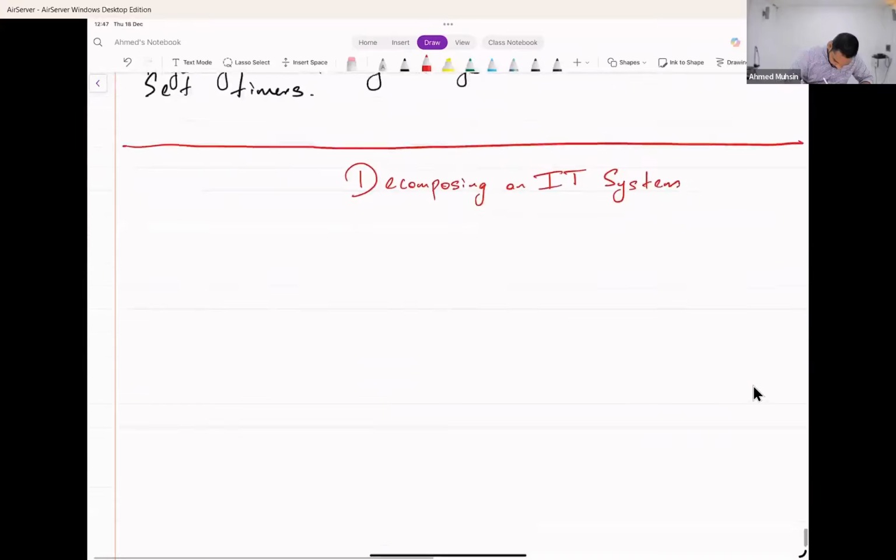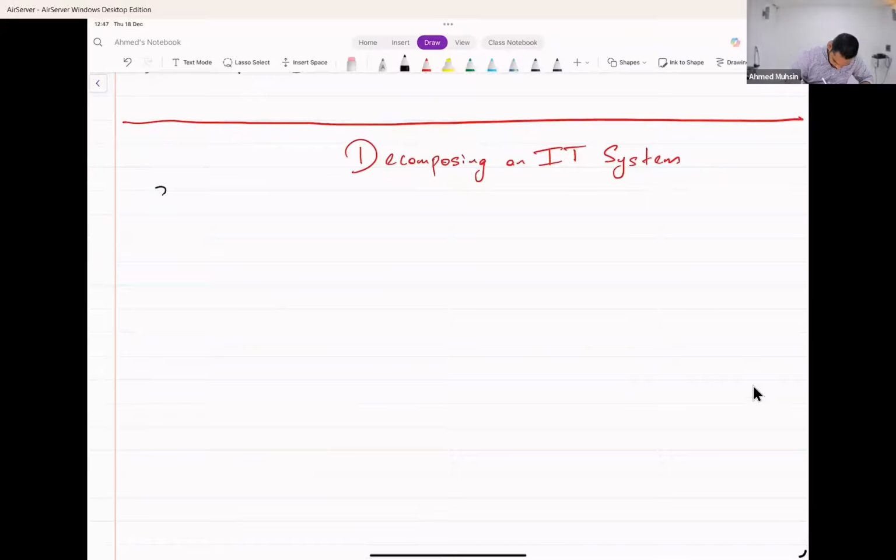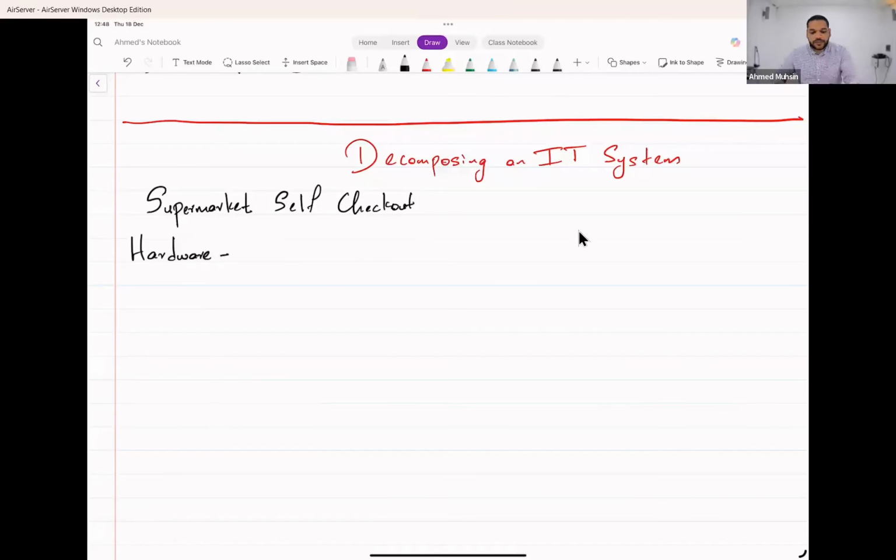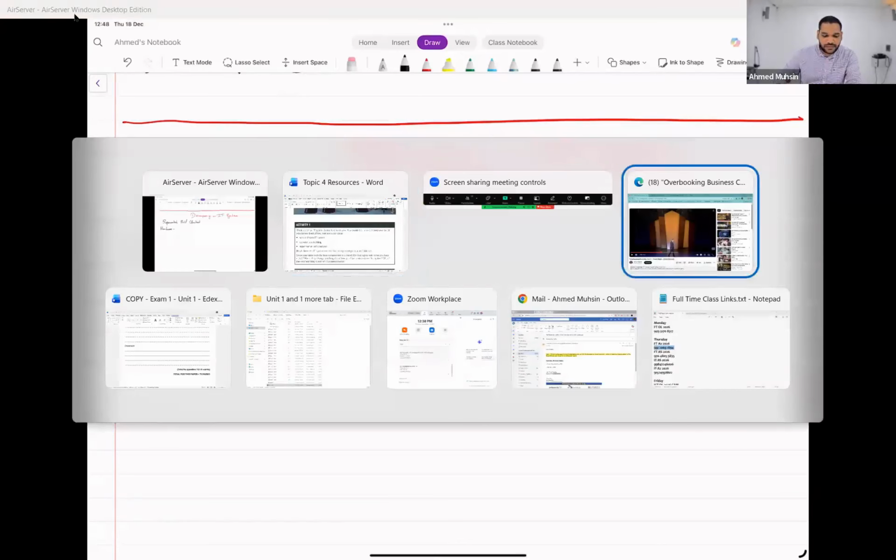Any examples in mind? One second. So in terms of hardware, everyone, let's take an image also to make it a bit easier for us to understand what we are dealing with.